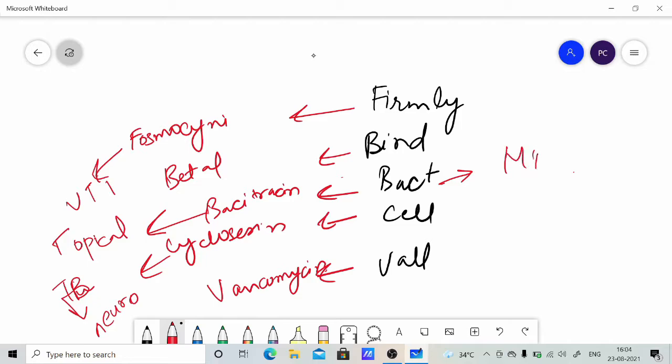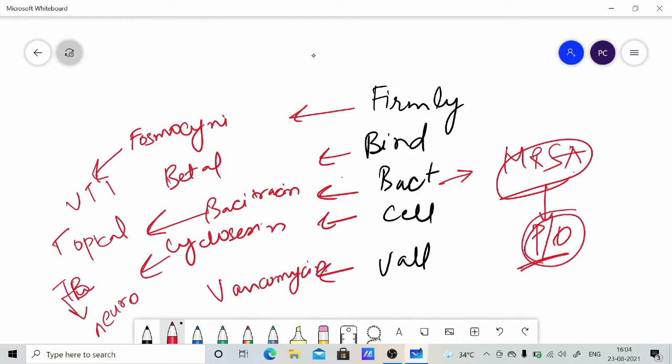infections like MRSA, that is methicillin resistant staph aureus infections. And mupirocin is used for MRSA prophylaxis. What is prophylaxis? It is when we give drugs to prevent the recurrence of any disease.